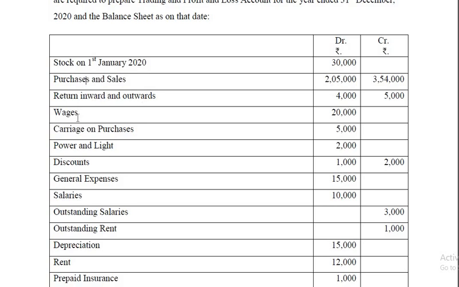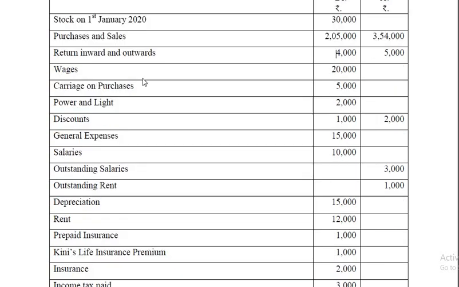For example, here returns are there. Return outward relates to purchases, nothing but purchases return, and return inward is nothing but sales return. So from the purchases you have to deduct 5,000, which is purchases return or return outwards.